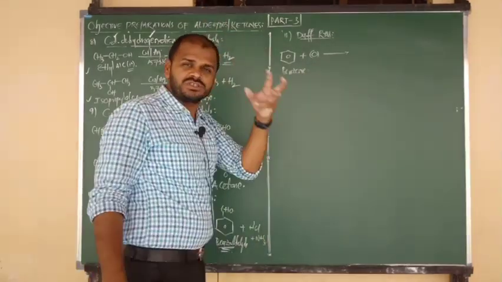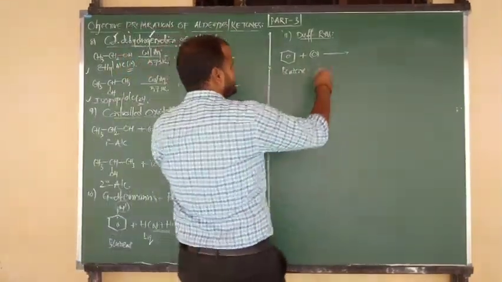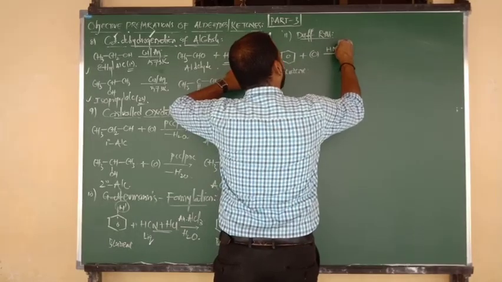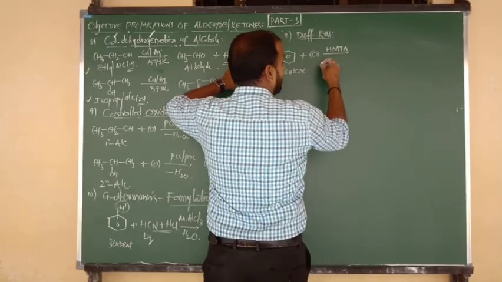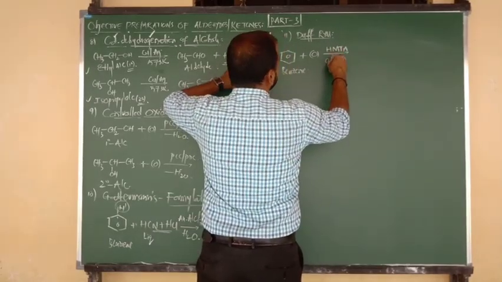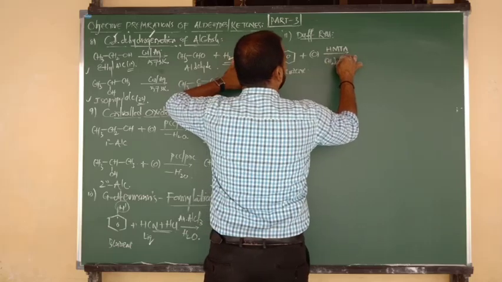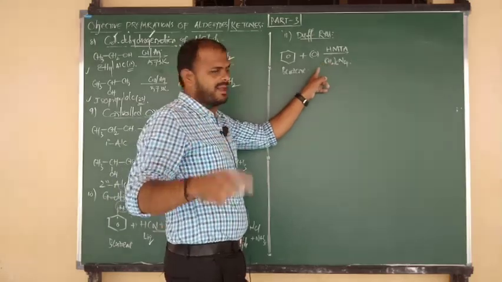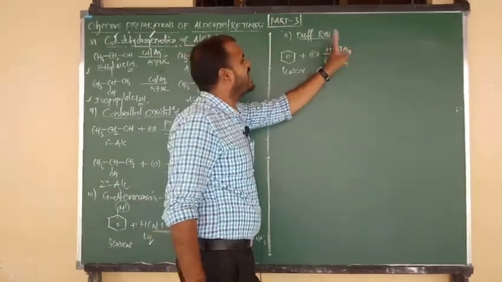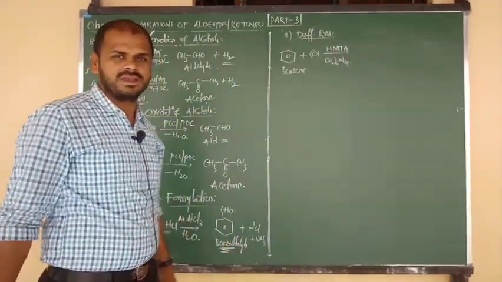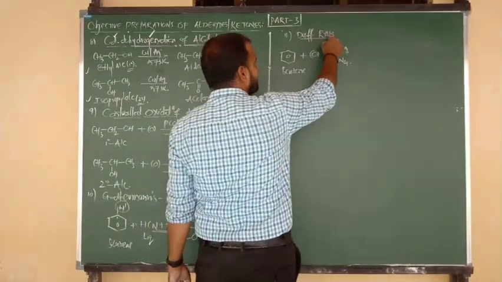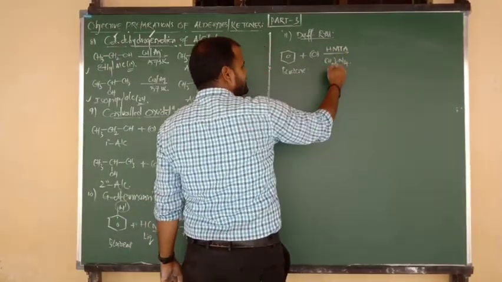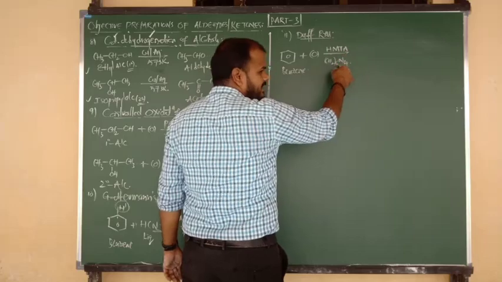by using a suitable, very important reagent, that is called HMTA. HMTA means (CH2)6N4. This is the formula. Hexamethylene tetraamine, HMTA, beta. Very important reagent. So what is the reagent used in the Duff reaction for the preparation of benzaldehyde? HMTA, hexamethylene tetraamine.